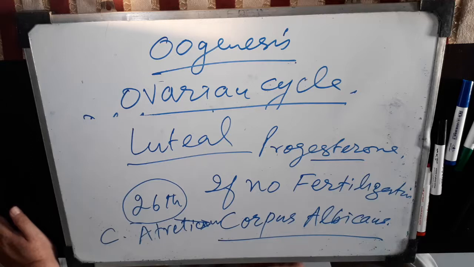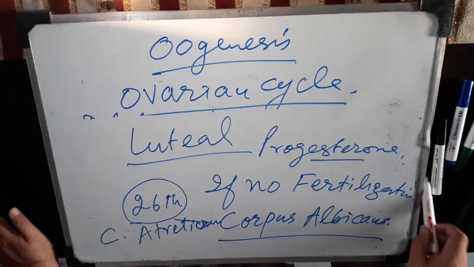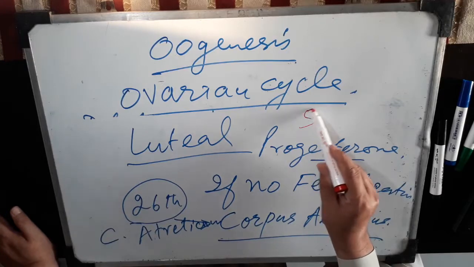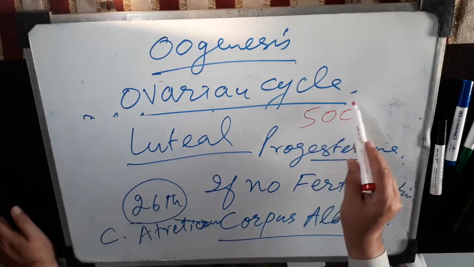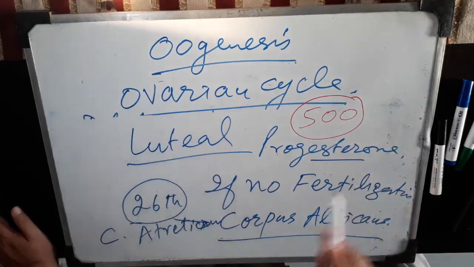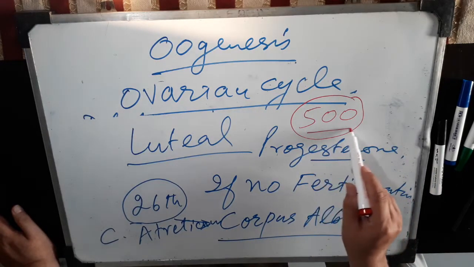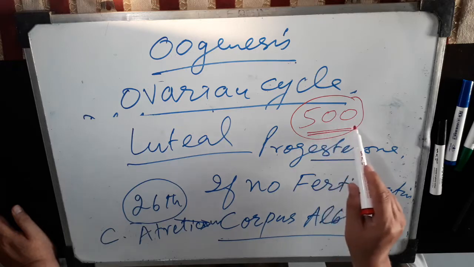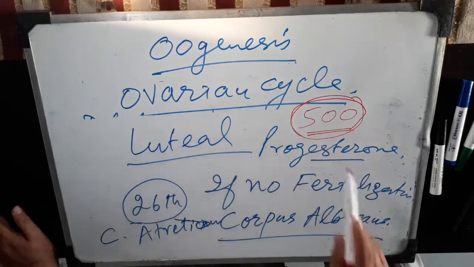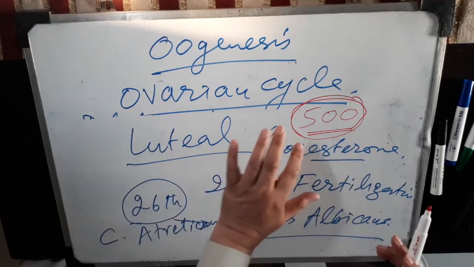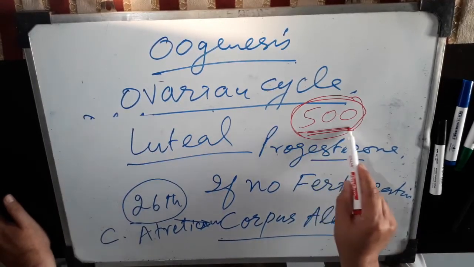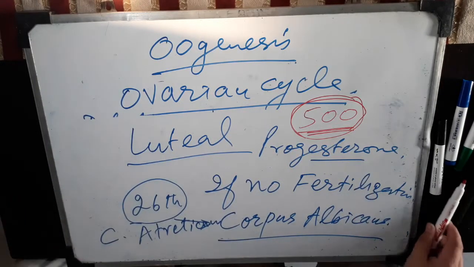So only from the 40 to 50,000 primordial follicles, only 500 oocytes reach the stage of Graafian follicle and are ovulated. So only 500 cycles, from 20 million to 500 only. These 500 become useful, the others remain or are sporting.